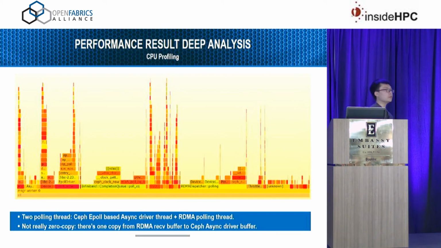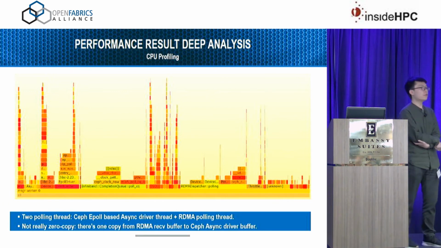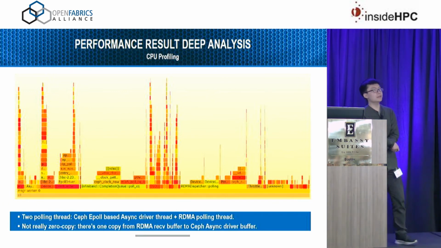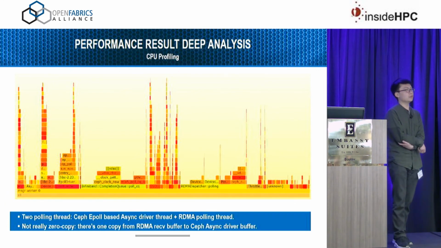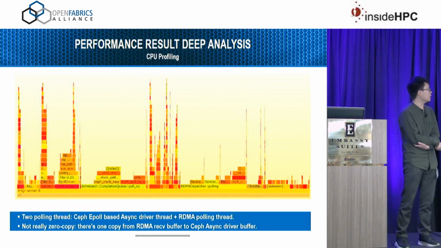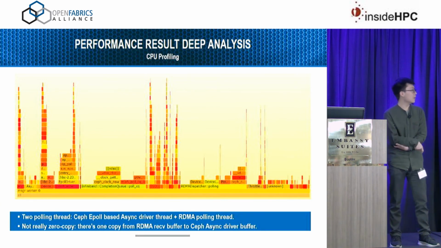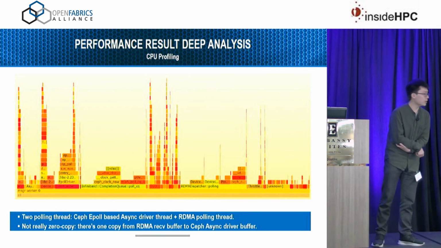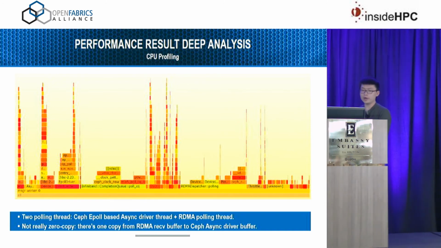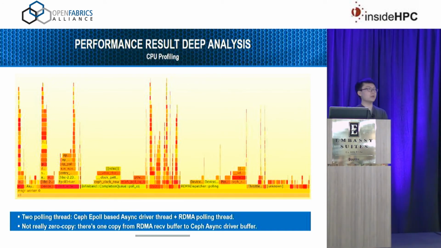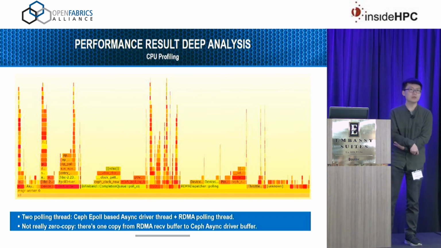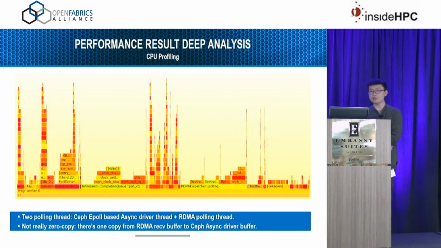So here we are trying to answer the question: why does Ceph with iWARP generate higher user-level CPU than with TCP/IP? Here is the perf result. There may be 2 reasons. The first is that there are 2 polling threads in the Ceph RDMA implementation. The first is the Ceph epoll-based async driver thread, which interacts with different kinds of Ceph components, OSD, monitor, or others.